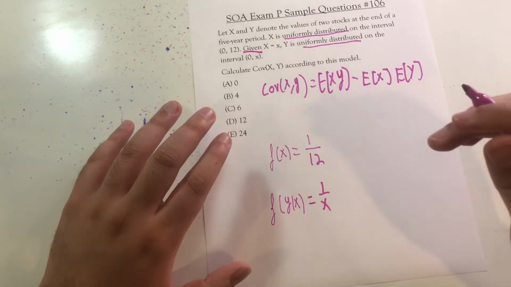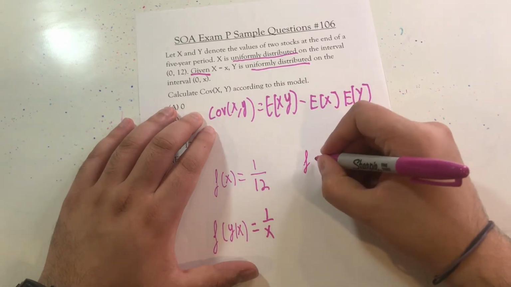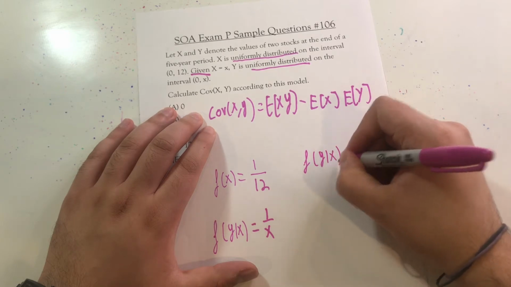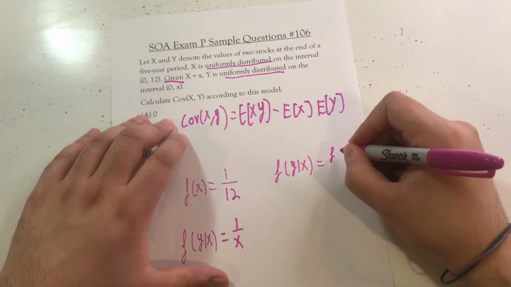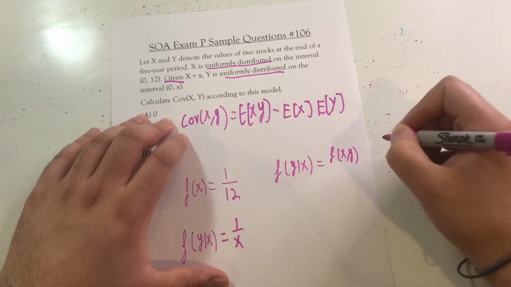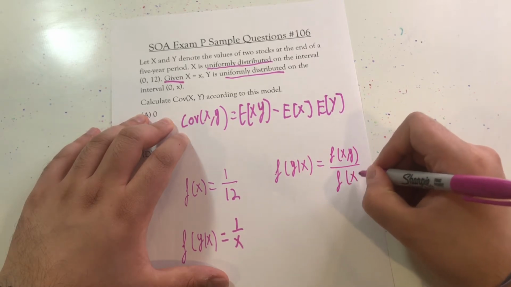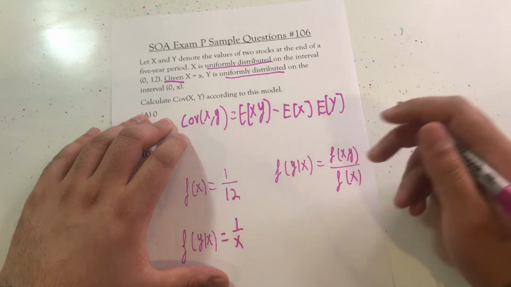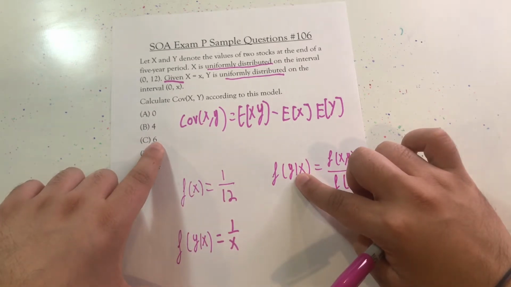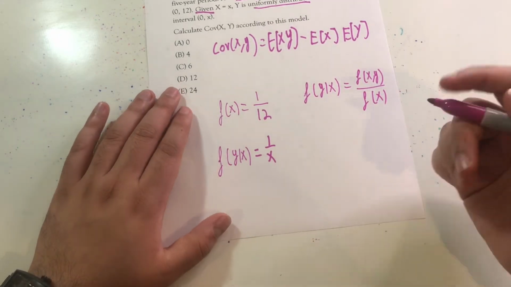Another formula you should be familiar with is that the PDF of Y given X is equal to the joint PDF of X, Y over f, the PDF of X. Multiplying both sides, in order to find the joint PDF, I just need to find the product of this conditional and the PDF of X.